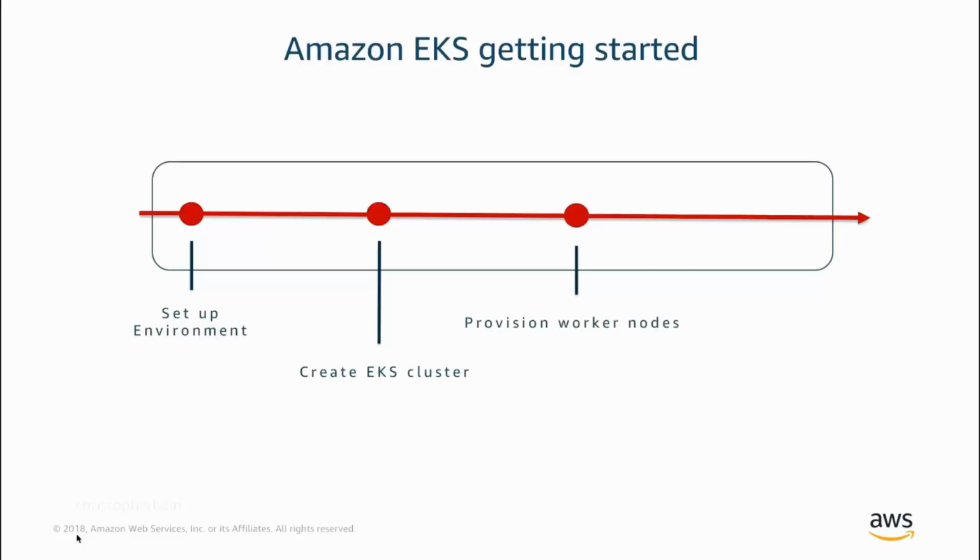These instances live within your EC2 console and are managed by an auto-scaling group that you are able to control. This means that you can easily grow and shrink the cluster to your own needs. And then once your worker nodes are up, you can deploy any container you'd like, any operator you'd like. You have full control over how you build your applications on top of this cluster.